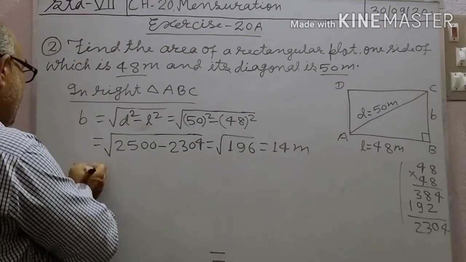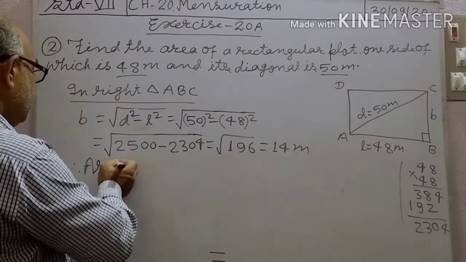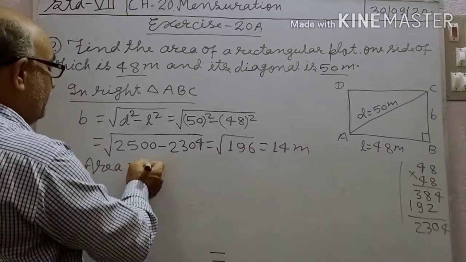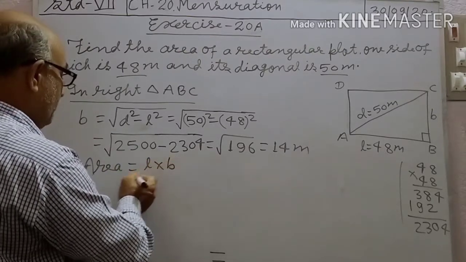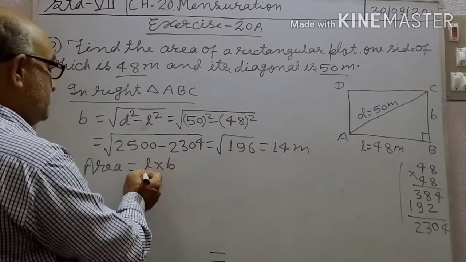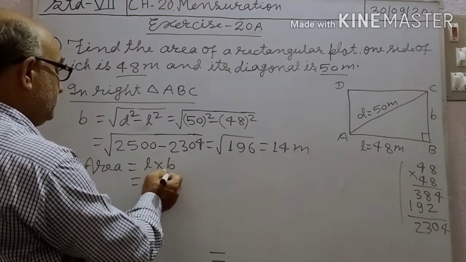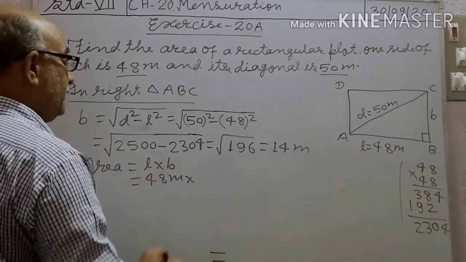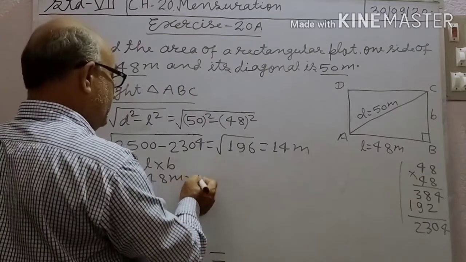Now find the area of the rectangular field, which is L into B. Length is 48 meter into 14 meter.